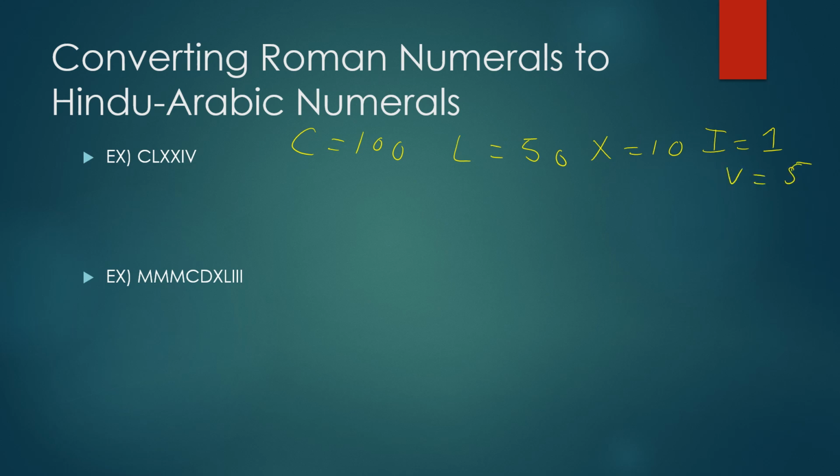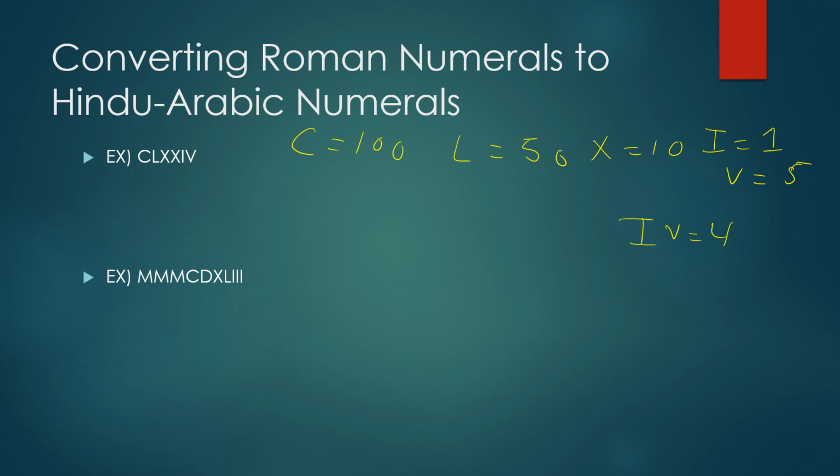You might be wondering why the 1 is before the 5. This is what we see as the subtraction aspect. We're essentially doing 1 less than 5, which in this case would be 4. So the combination of IV is 4.